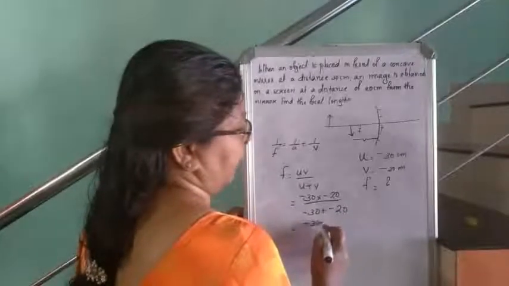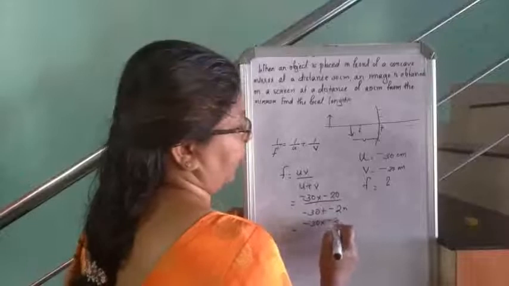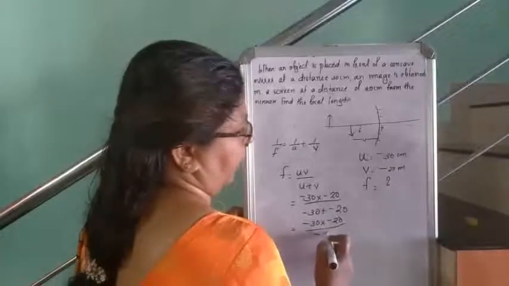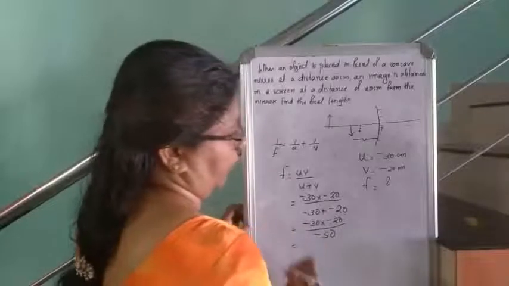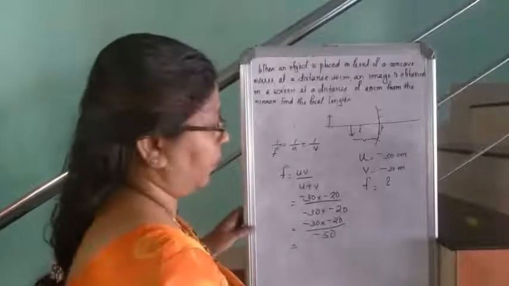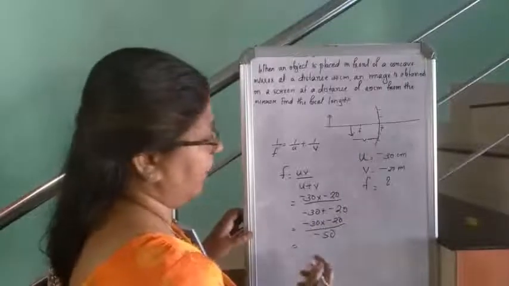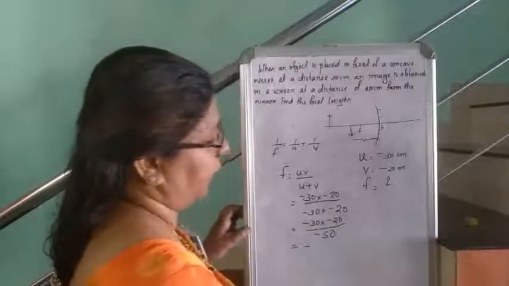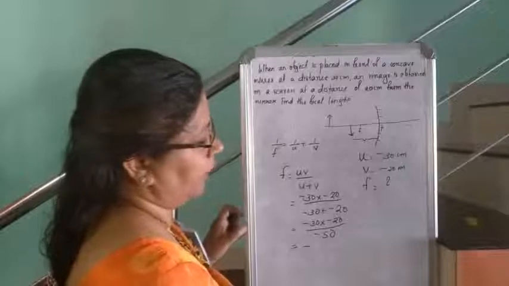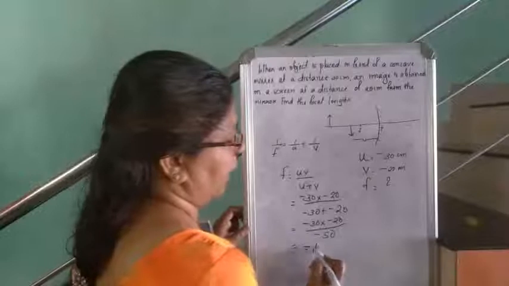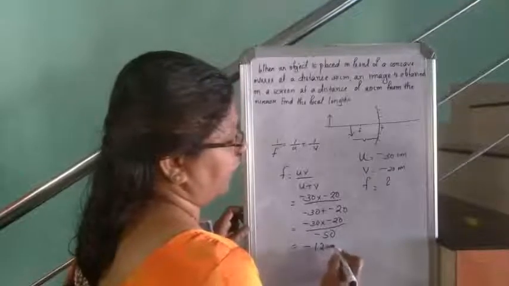So minus 30 into minus 20 divided by minus 50. Negative into negative is positive. Positive divided by negative will give you negative. Then 0, 0 cancel, 5 and 3, 6. So the answer is negative 12 centimeter.